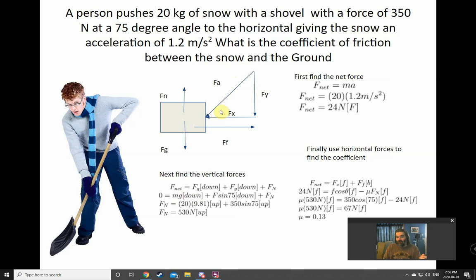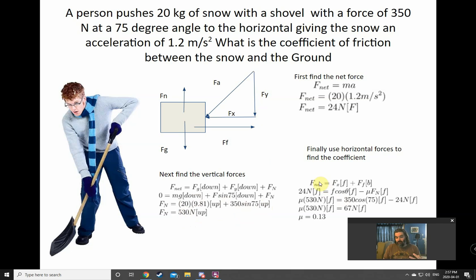That means this angle is 75 as well by Z theorem. It's the opposite, so it's going to be sine. We can find the net force, and we know that's 0. We can find the normal force because it's going to be whatever cancels out those other forces. It's going to have to cancel out this force and that force, which is why you're adding them together. Then we take the normal force.